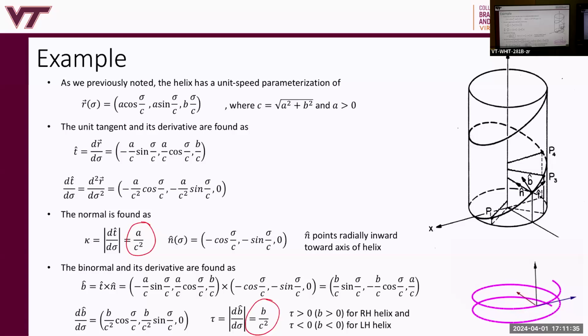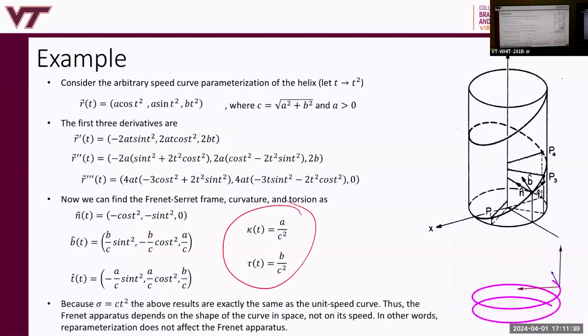We had T hat was negative a over c sine of sigma over c. But here we have negative a over c sine t squared, right? And we know that sigma is equal to c t squared by definition of what sigma is, right? The arc length is equal to c t squared. The above results are exactly the same as the unit speed curve. We get the same exact results if you make the change of variables back to unit speed.